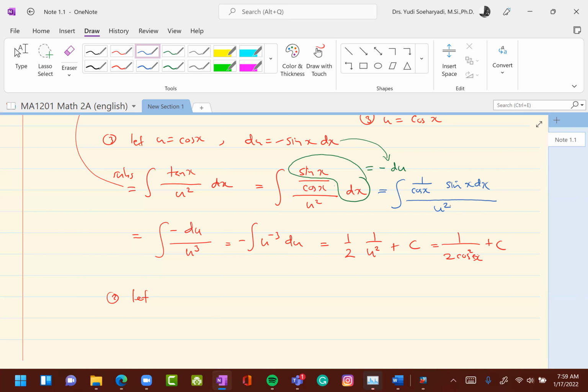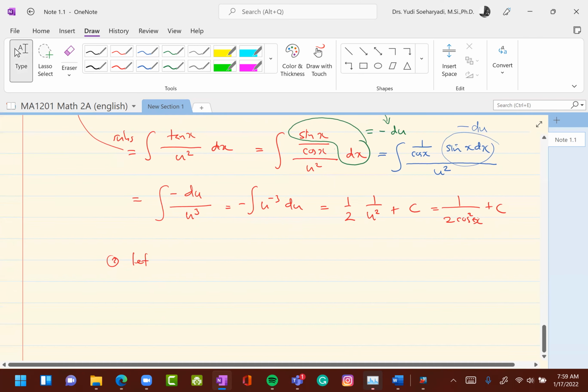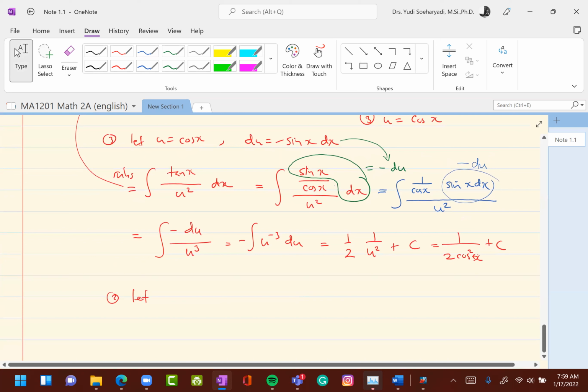This 1 over cosine is 1 over u. This is du, sorry, negative du. And here is 1 over u, multiplied again by u squared, so this is 1 over u cubed. Okay, sir, thank you. So that works.